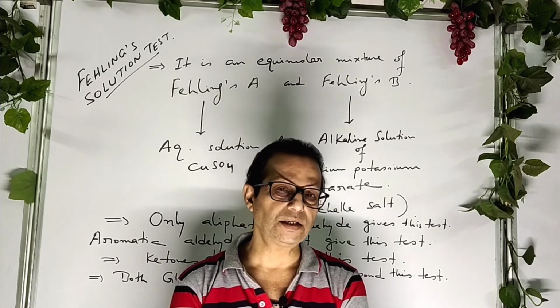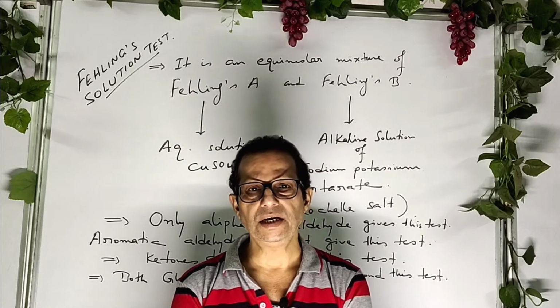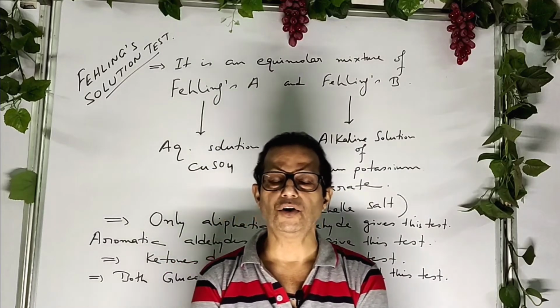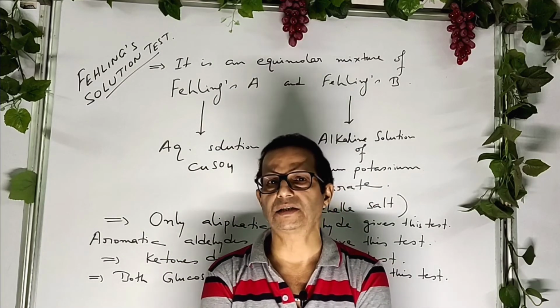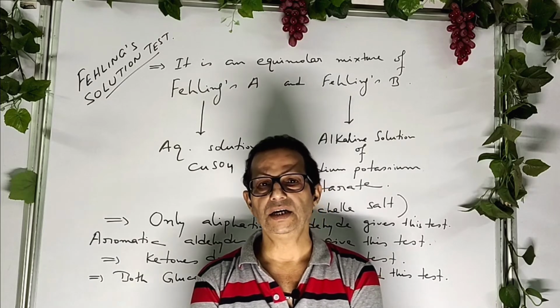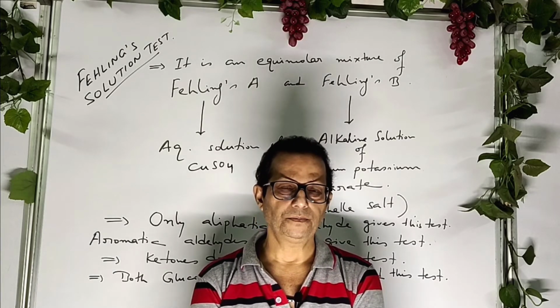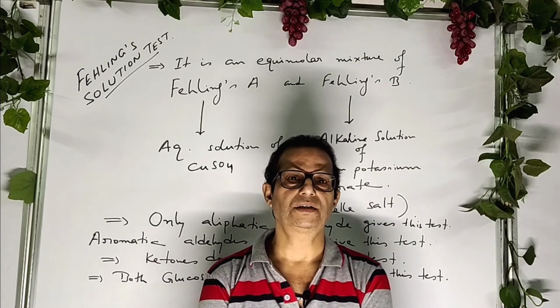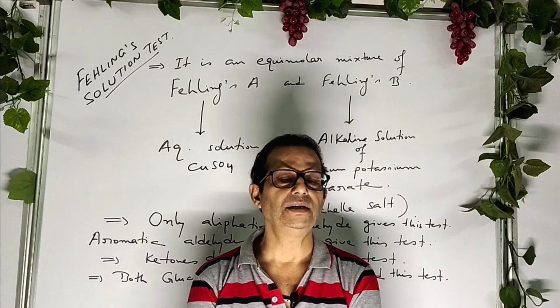You know that Tollens reagent oxidizes both aliphatic and aromatic aldehydes to corresponding carboxylic acids, but Fehling solution oxidizes only aliphatic aldehydes, not aromatic aldehydes.